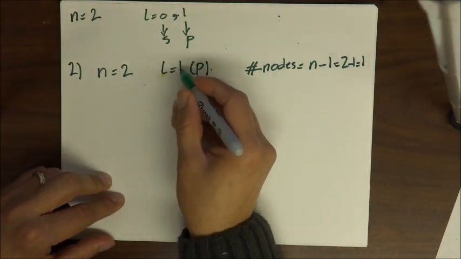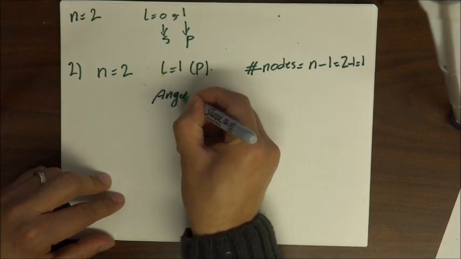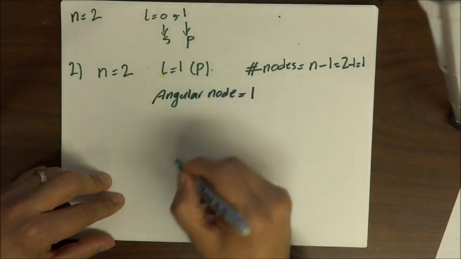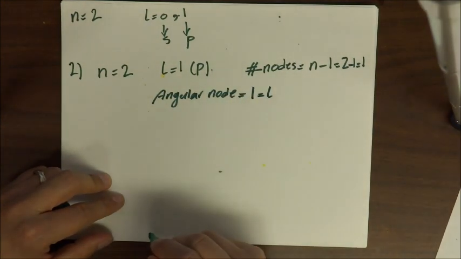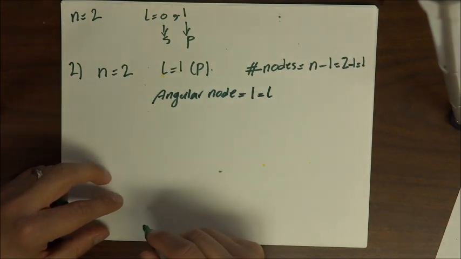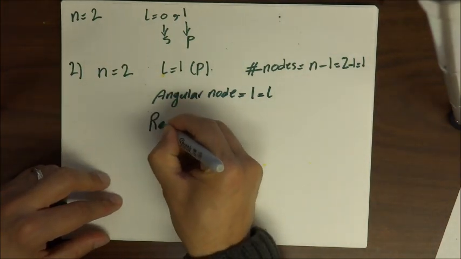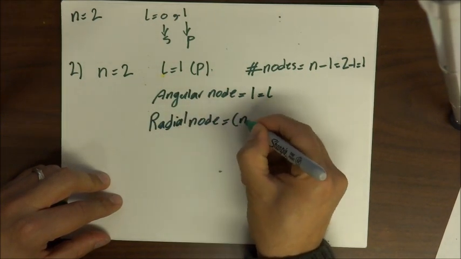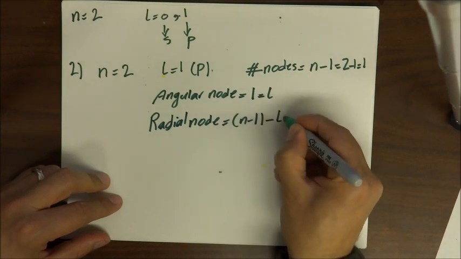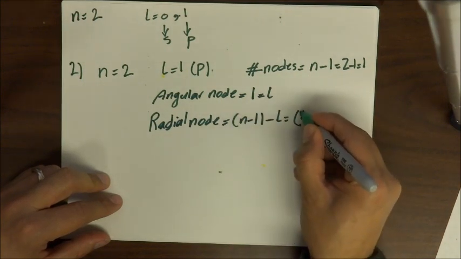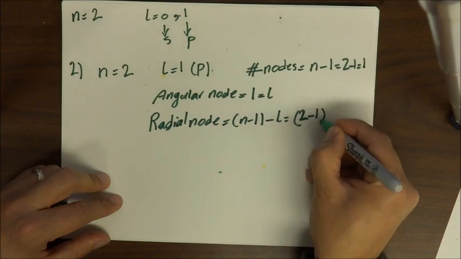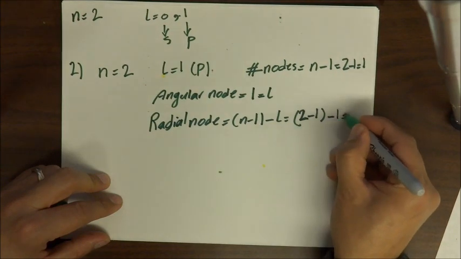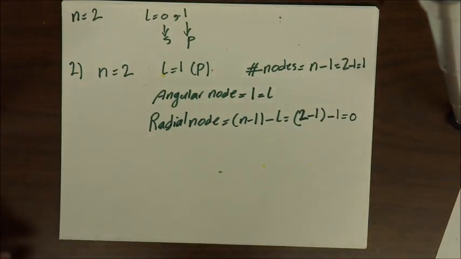This time L is not 0, so you do have an angular node, equal to 1, or equal to L. And the radial node will be the total, n minus 1 minus L. It will be 2 minus 1 minus L, and L equals 1, so there is no radial node. You are dealing with a p orbital.